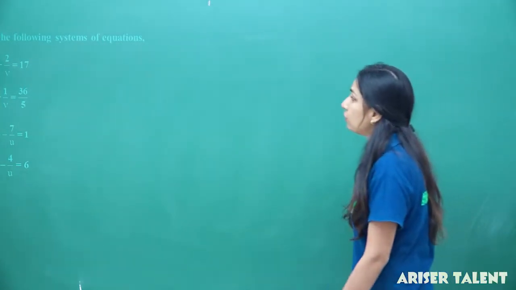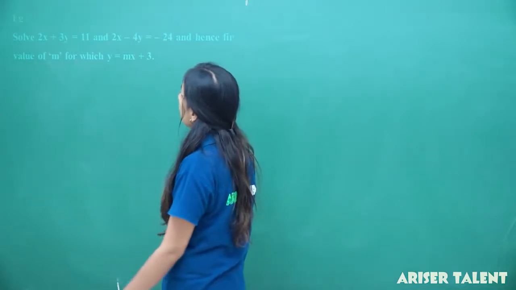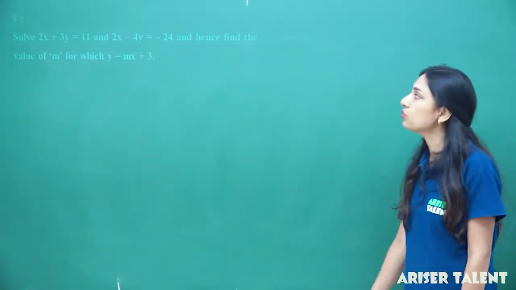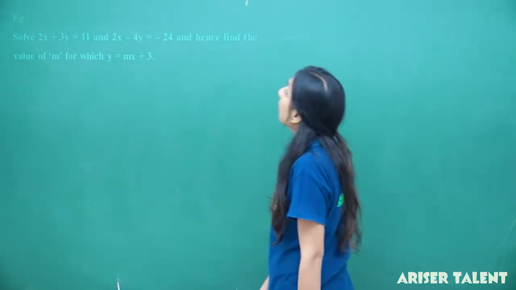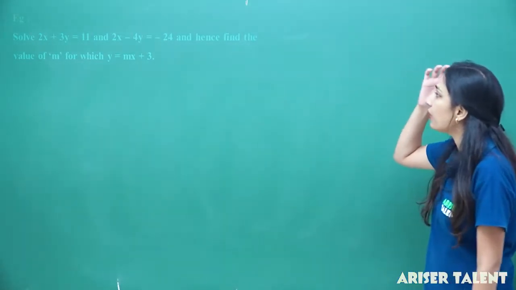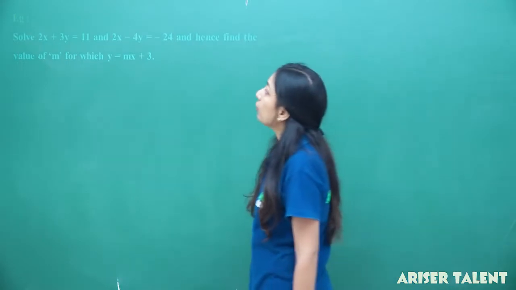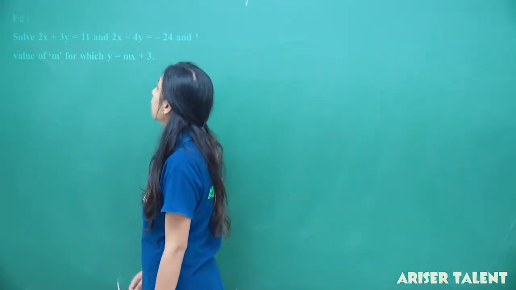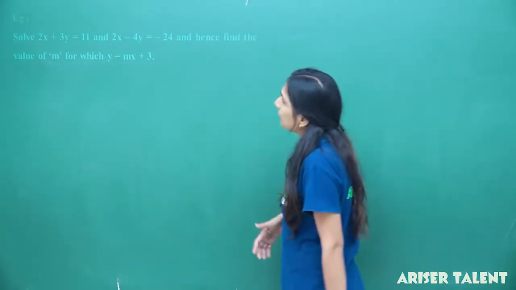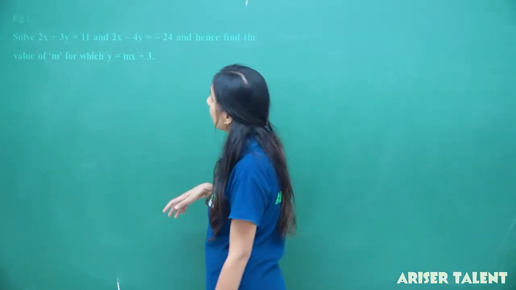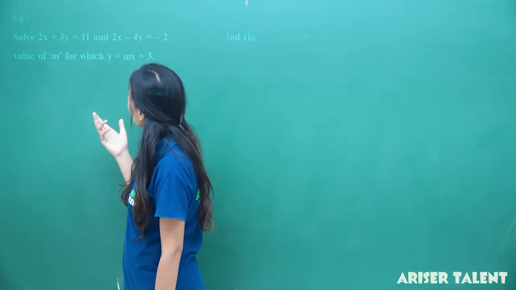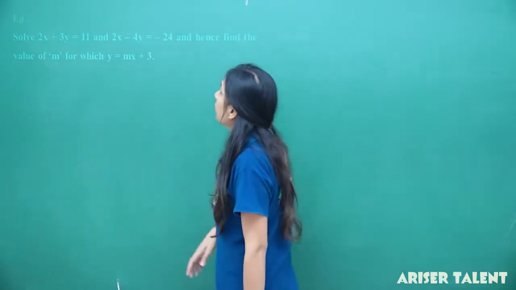Alright, so with the next question: solve 2x plus 3y equals 11 and 2x minus 4y equals minus 24, and hence find the value of m for which y equals mx plus 3. Okay, so basically what I have to do is find the values from this pair of equations.